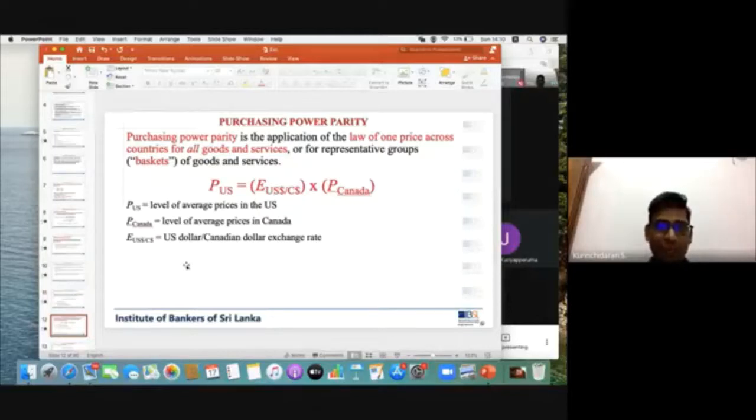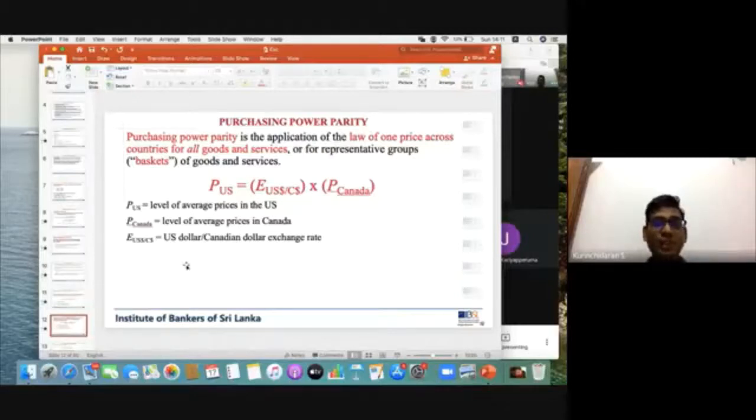If you expand that law of one price to an aggregate level, or a country level, because exchange rates are not determined for each and every good, you would understand purchasing power parity.